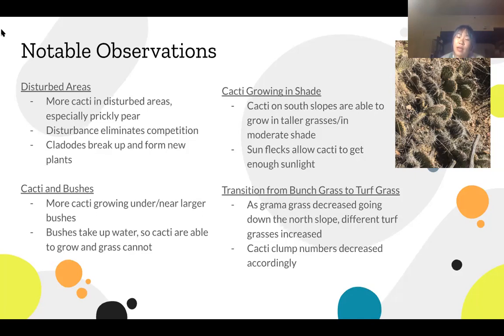But since cacti are the most drought tolerant out of all the species, they're able to survive under the bushes, even though the bushes might shade them a little bit and give them less sunlight. So the competitiveness for water has allowed cacti to establish under bushes and outcompete all the other species, and therefore we can see more significant clumps under the bushes.